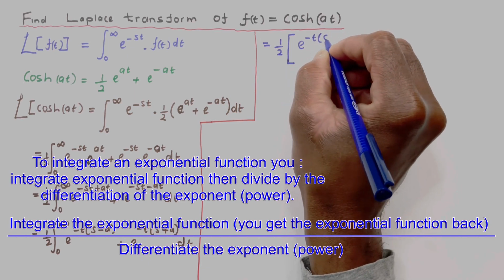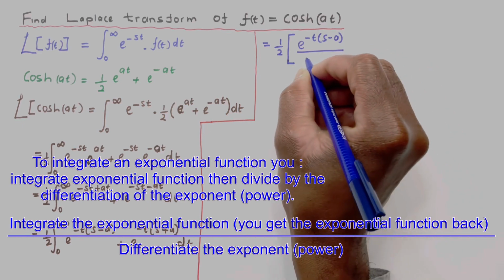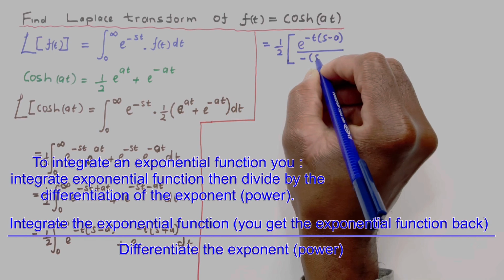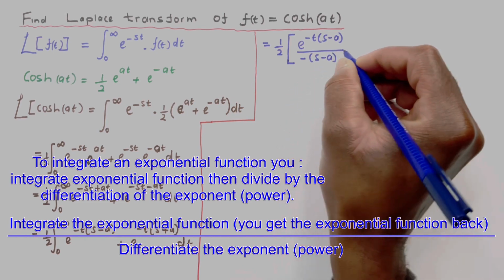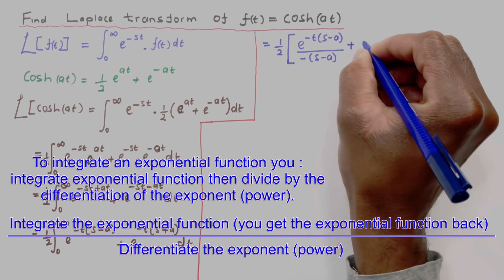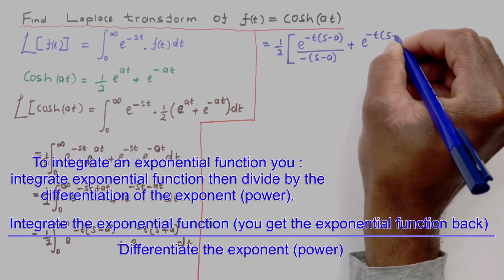Integrating an exponential function, you get the exponential function back, and then you divide it by the derivative of the exponent. So the derivative of the exponent in this case is minus open bracket s minus a, plus e to the power minus t open bracket s plus a.